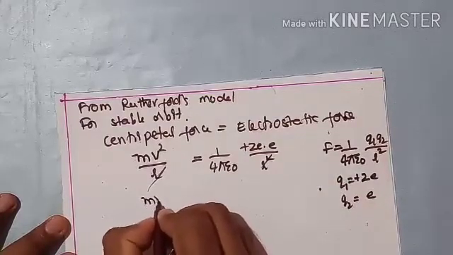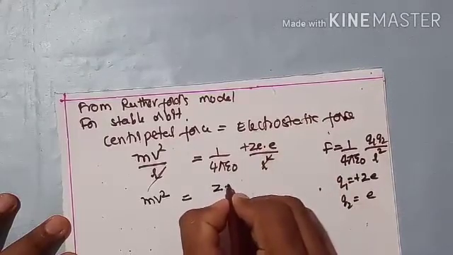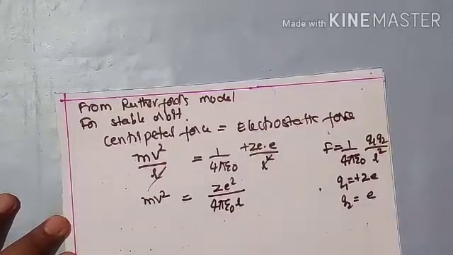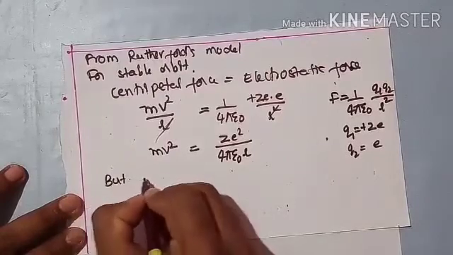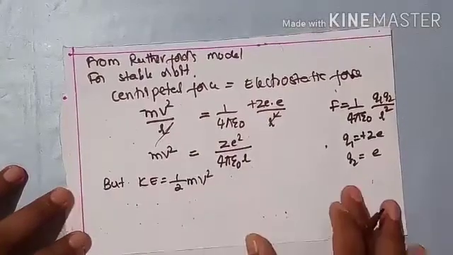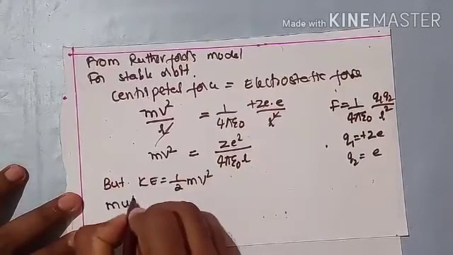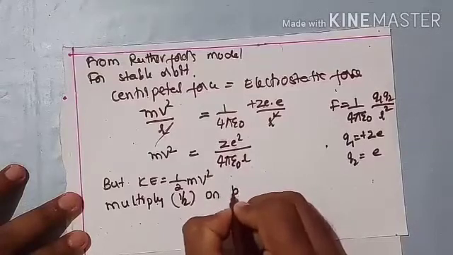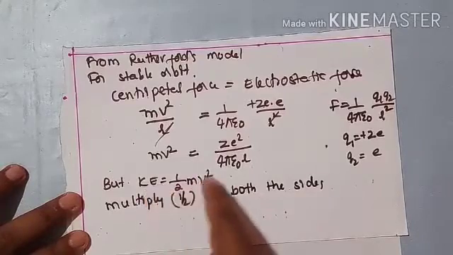So you are getting mv square is equal to Ze square divided by 4 pi epsilon naught r. But what is kinetic energy? Kinetic energy KE is equal to half mv square. Seeing this expression, the half is missing. So what we will do is multiply 1 by 2 on both sides.